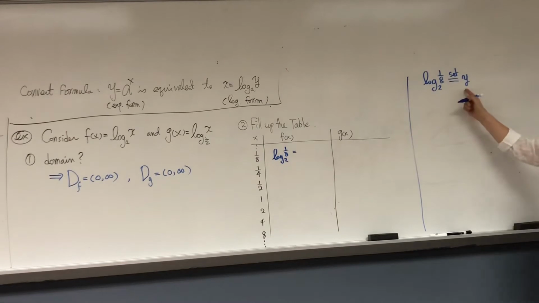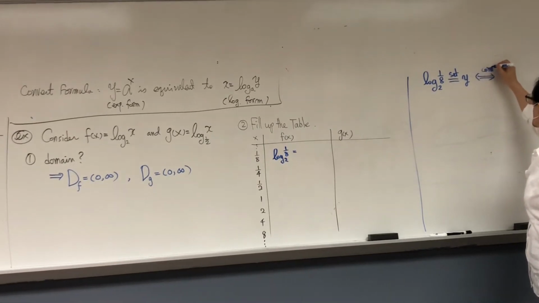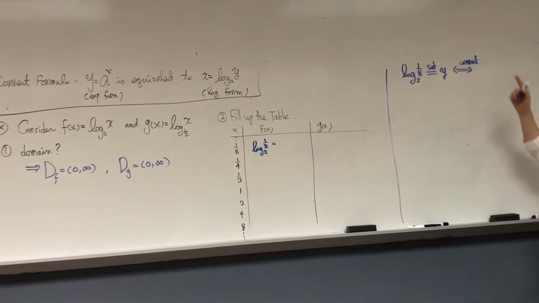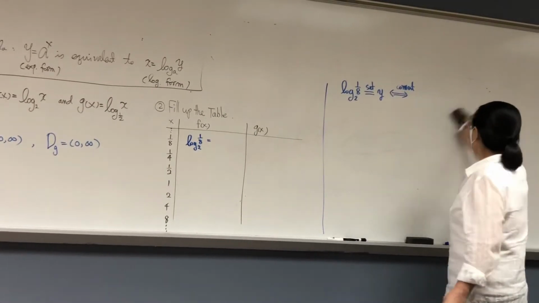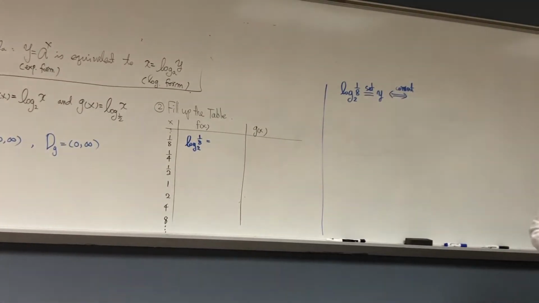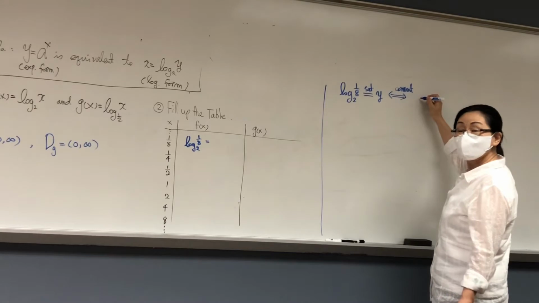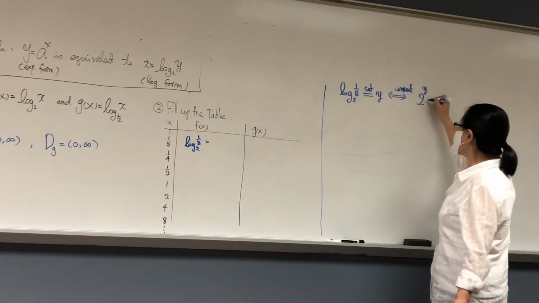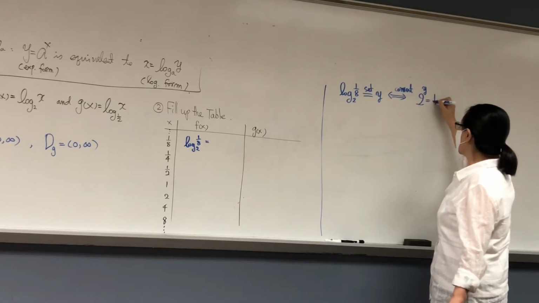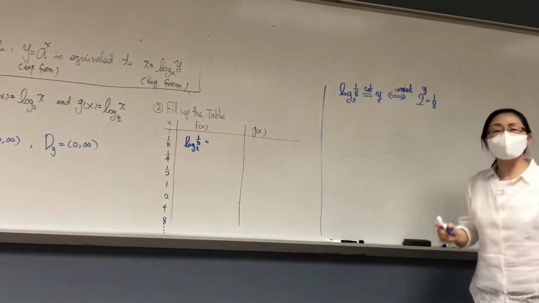And then, how do you figure out y? We already talked about convert, from log form to exponential form. What is the equivalent exponential form? 2 to the power y equals 1/8. Am I right? 2 and 8 have some relation by base 2.